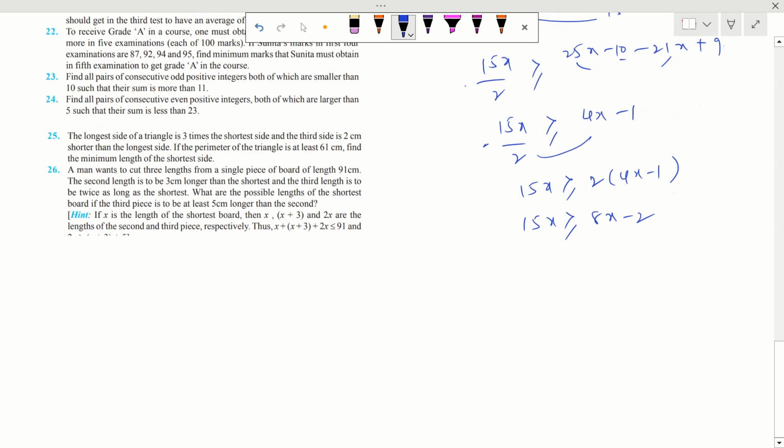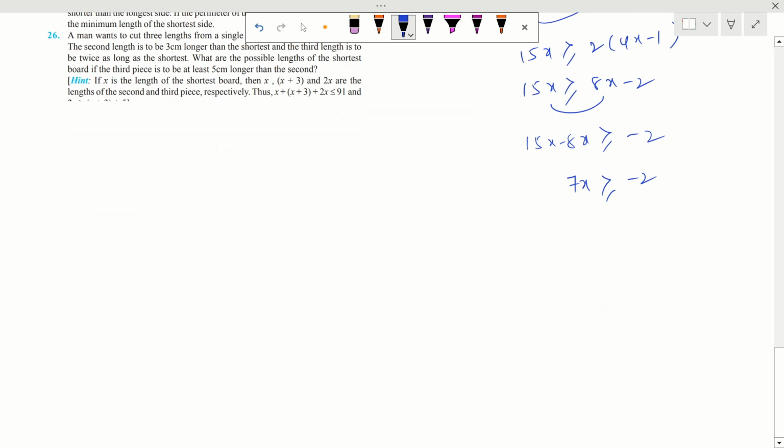If we take 8x this side, then 15x minus 8x greater than or equal to minus 2, so 7x is greater than or equal to minus 2, and if we take 7 this side, then x is greater than or equal to minus 2 by 7.